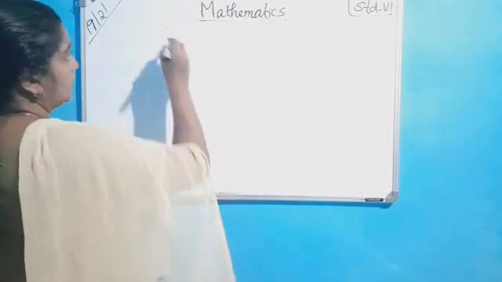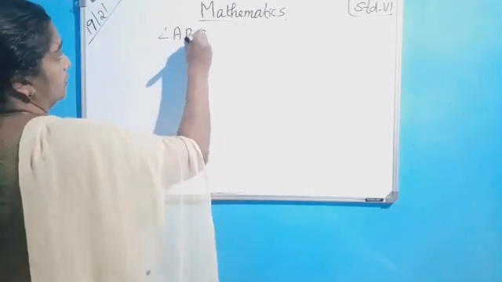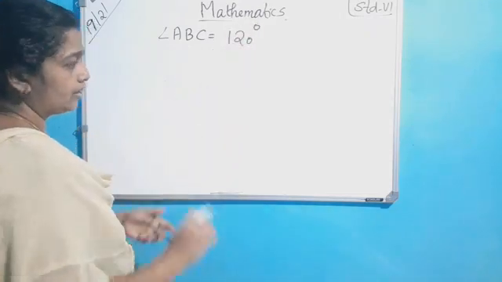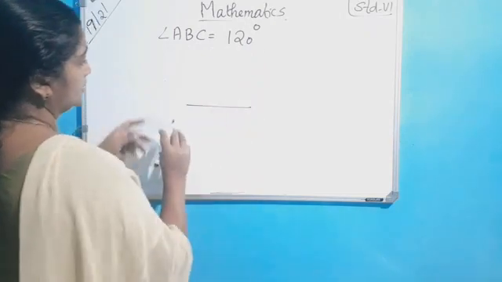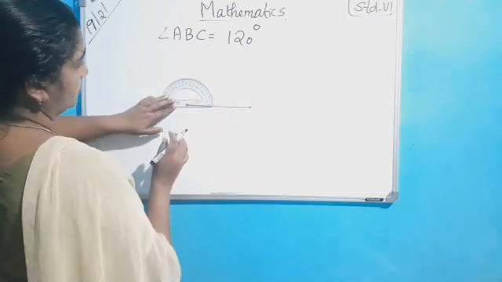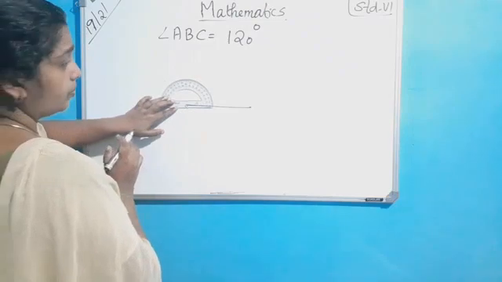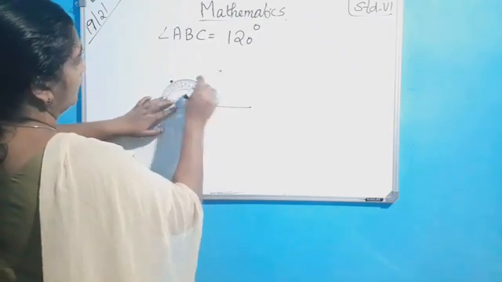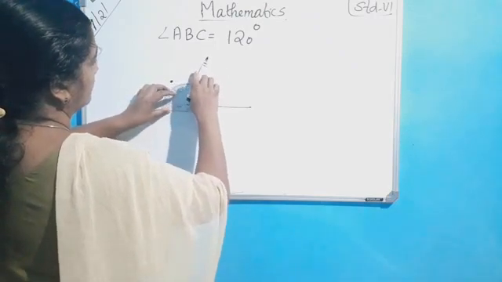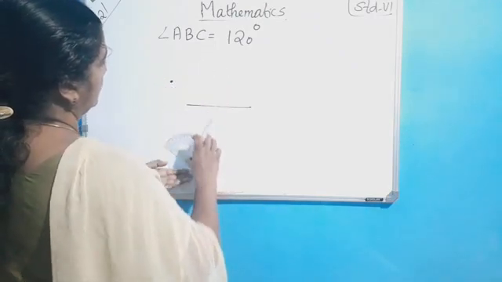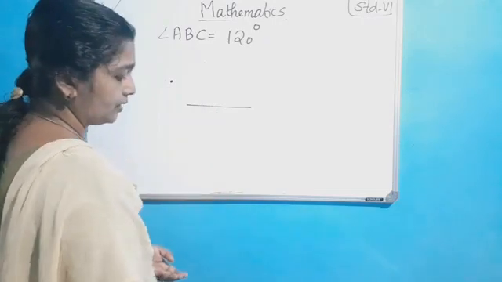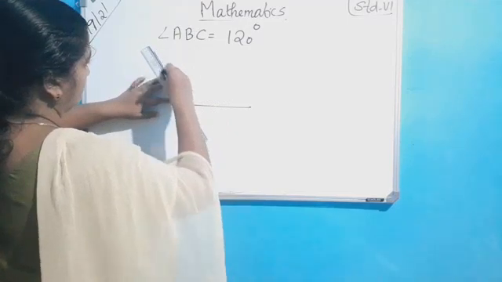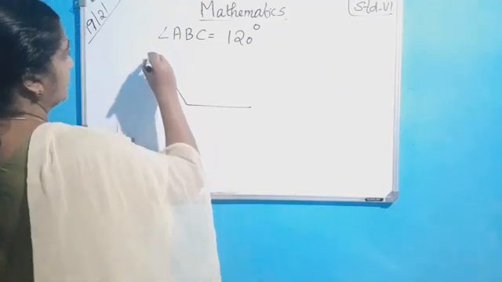Next question. Angle ABC equal 120 degree and bisect it. First draw the baseline, then fix the point and place the protractor. 120 where? 0, 10, 20, up to 120. Next step, take the scale. This is angle ABC.